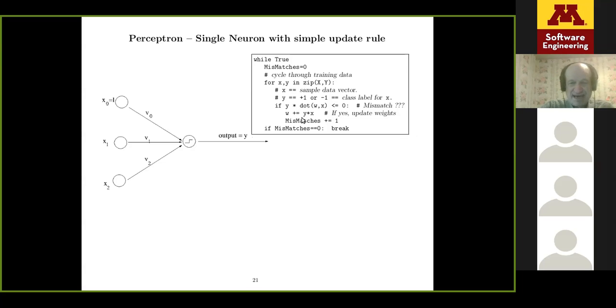You simply add a copy of the input to the weight vector. So this is the update rule. It's just a simple update rule. And you keep on cycling until you get no more mismatches. And it's kind of interesting that a simple algorithm like this actually is guaranteed to converge if the data has a linear separator.